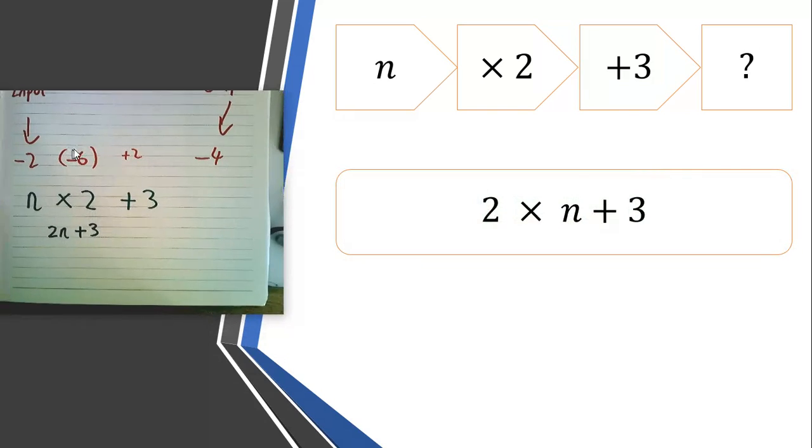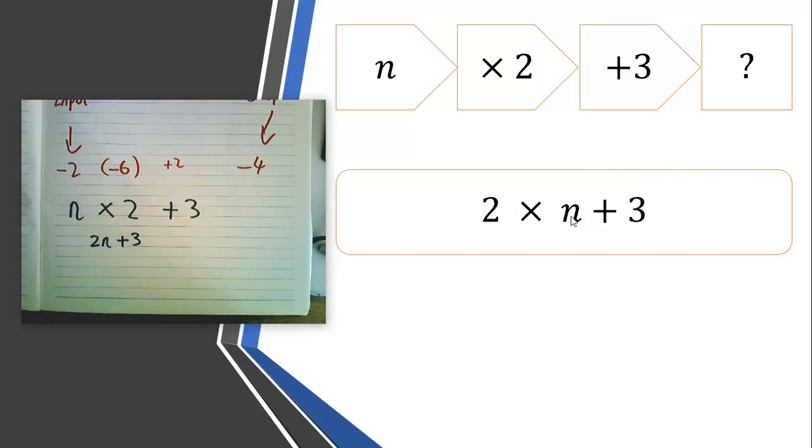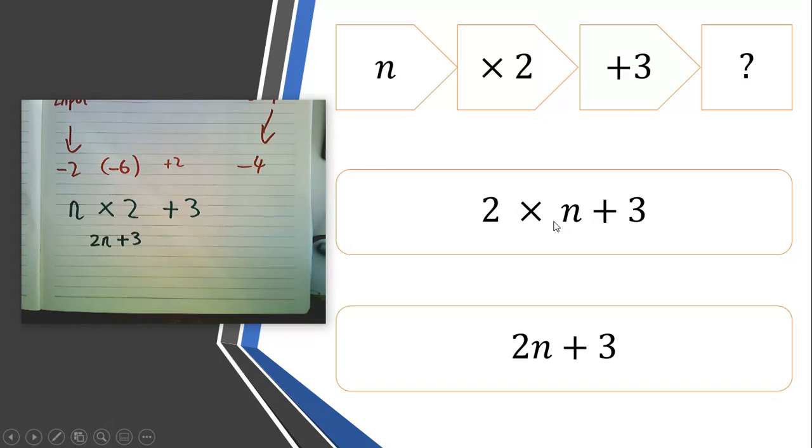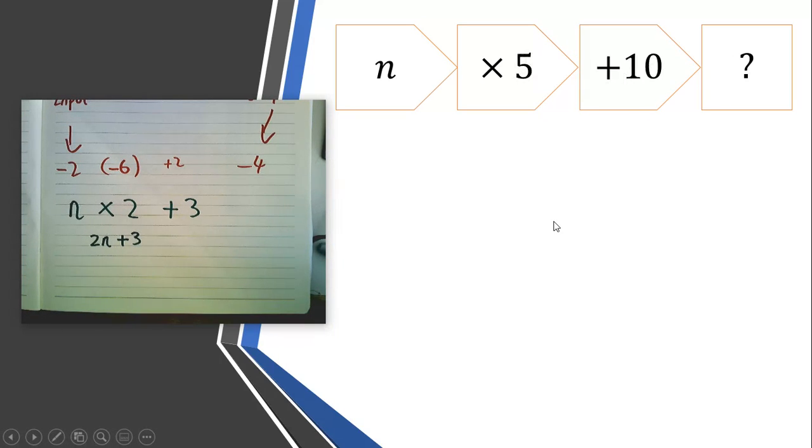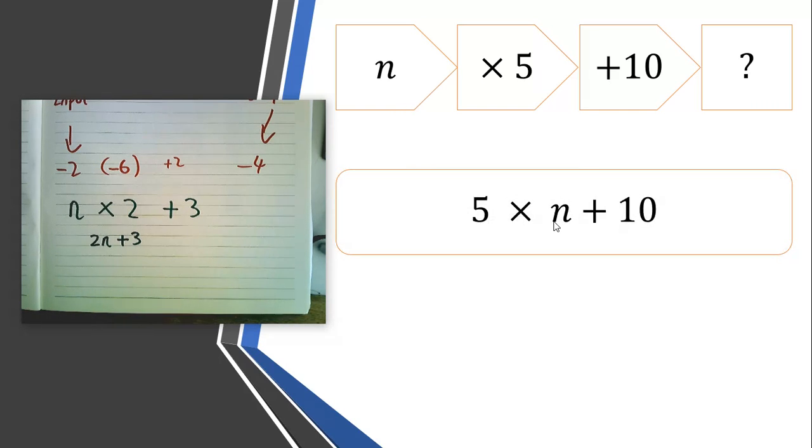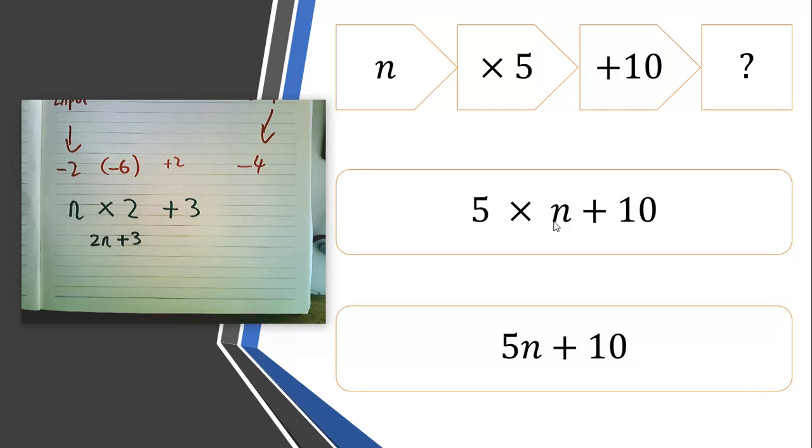Okay, let's have a look at a different one. Oh, yeah, so this is me writing out here on the board as well. Let's have a look at this example. So here we've got n times 5 plus 10. So let's write that out. That's going to be 5 lots of n plus 10. 5n plus 10.